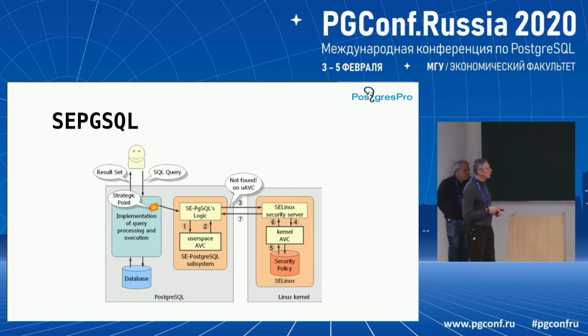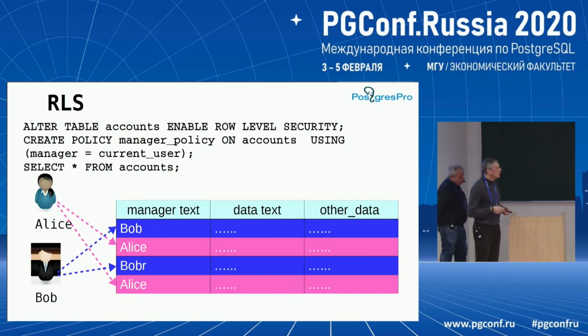When users make queries to a database using sepgsql module, they address the kernel, and the kernel authorizes or doesn't authorize the access in accordance with the system policy. After that, access to the objects is provided.